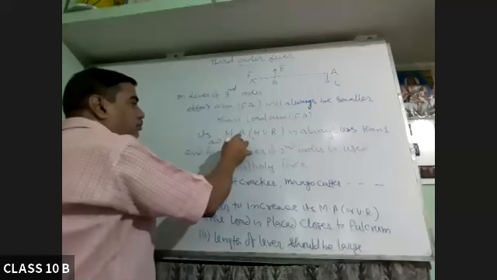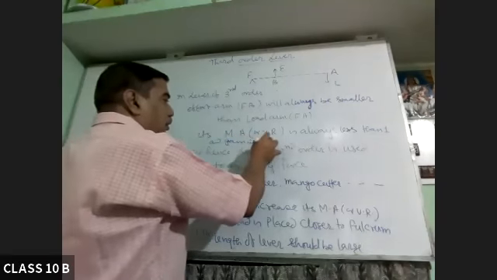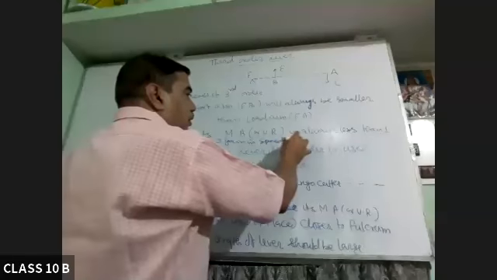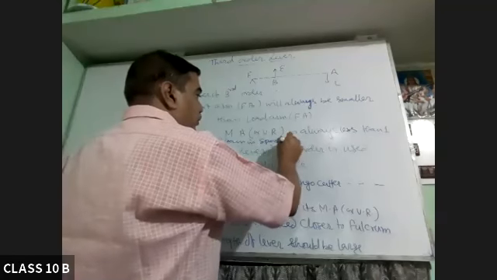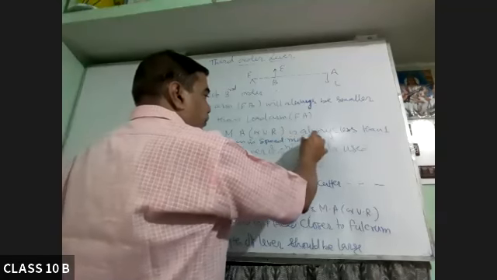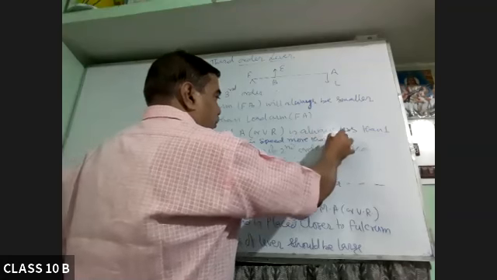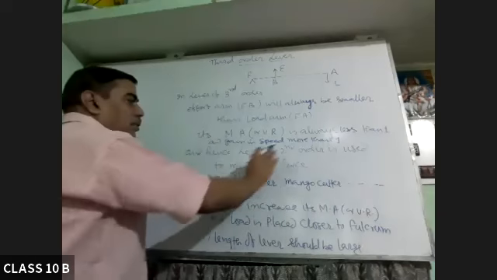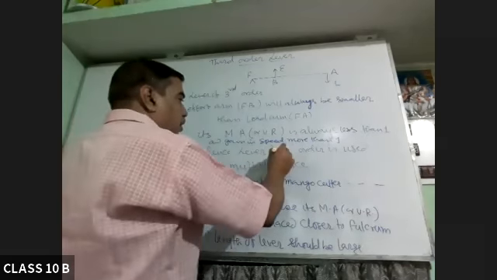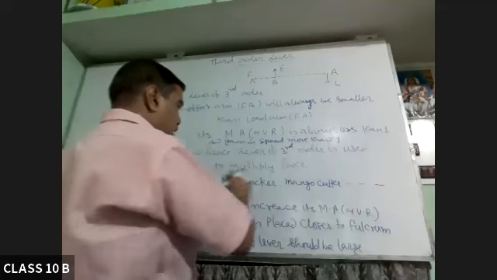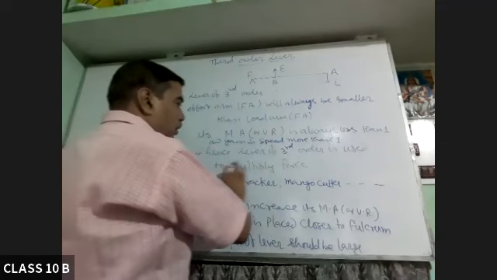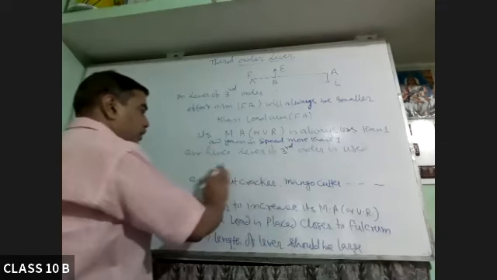And gain in speed is more than 1. So lever of third order is used to gain speed.